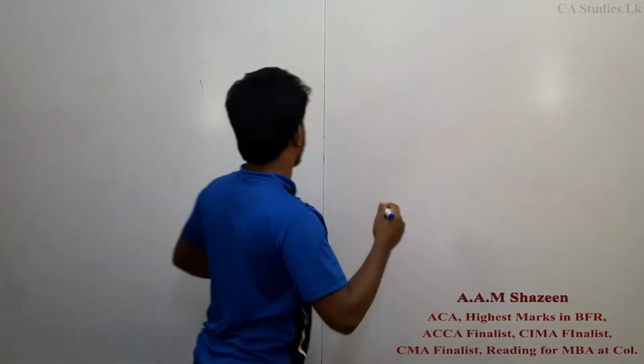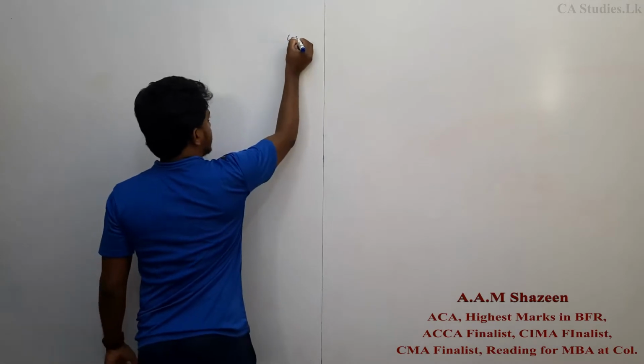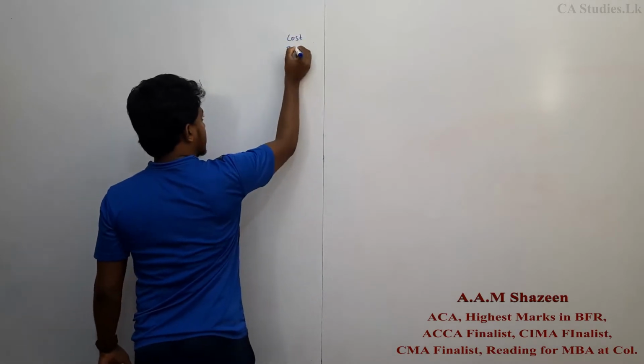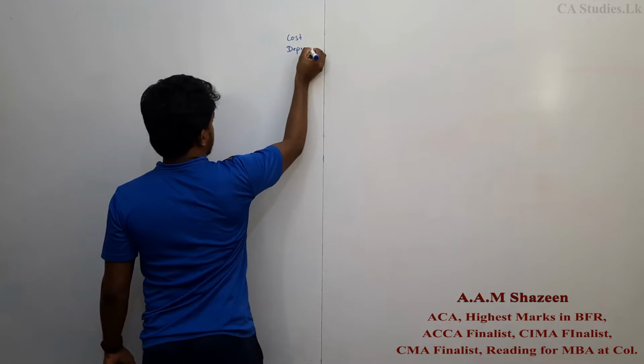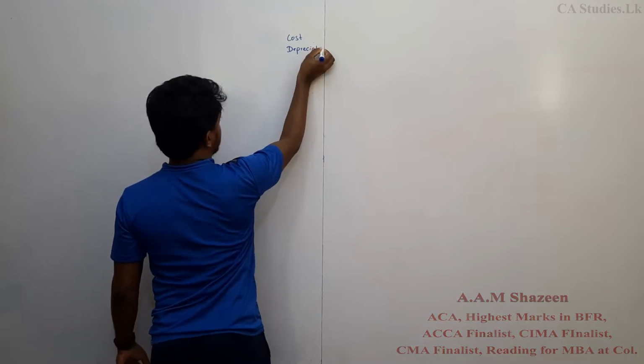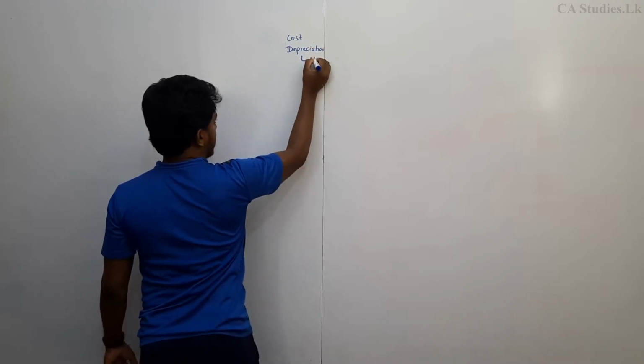Let's look at how to calculate the cost of the non-current assets and the depreciation. It's a main topic. Cost, depreciation. Now under the depreciation we have to learn what are the methods available.